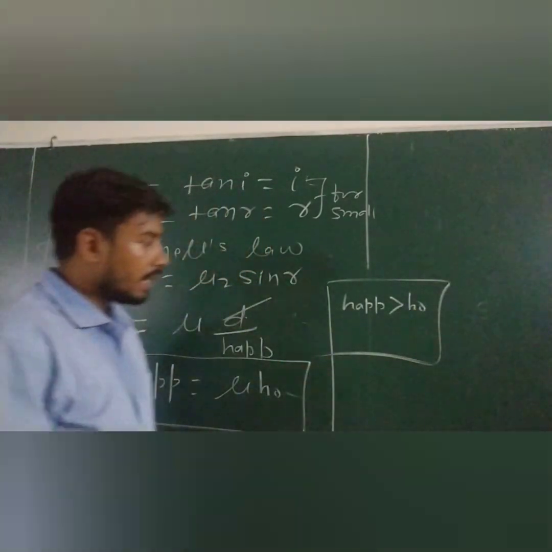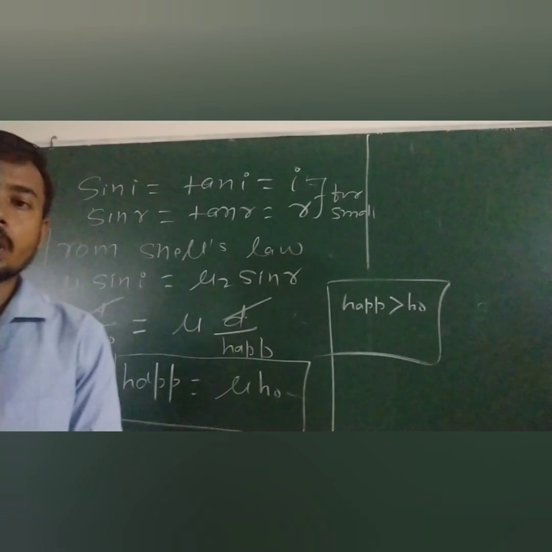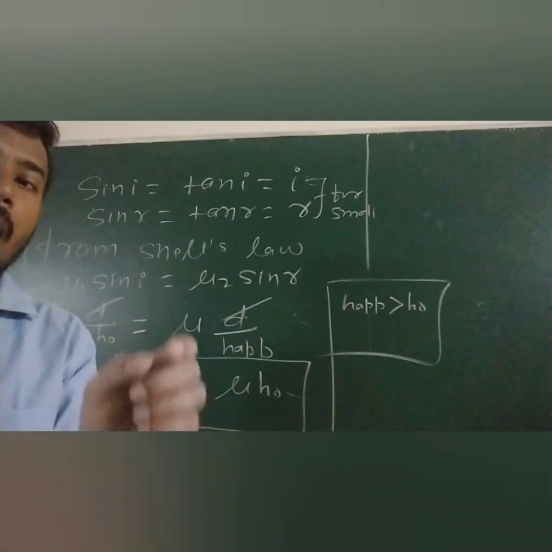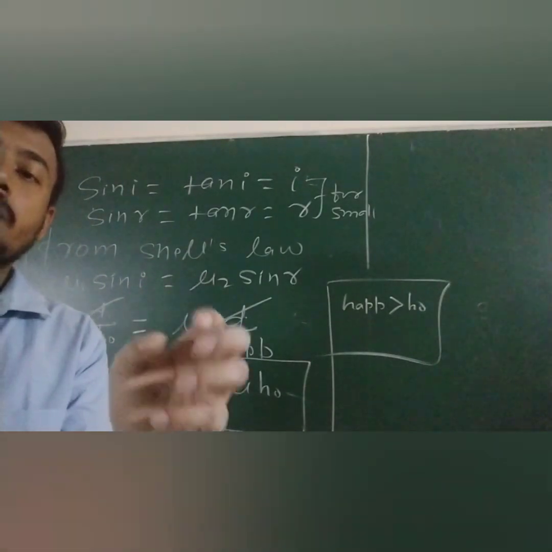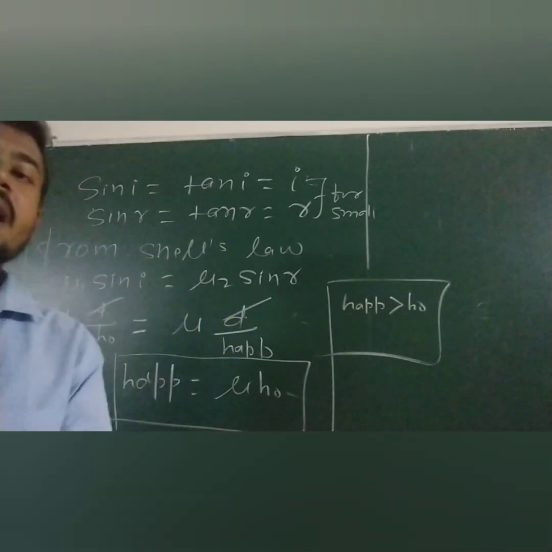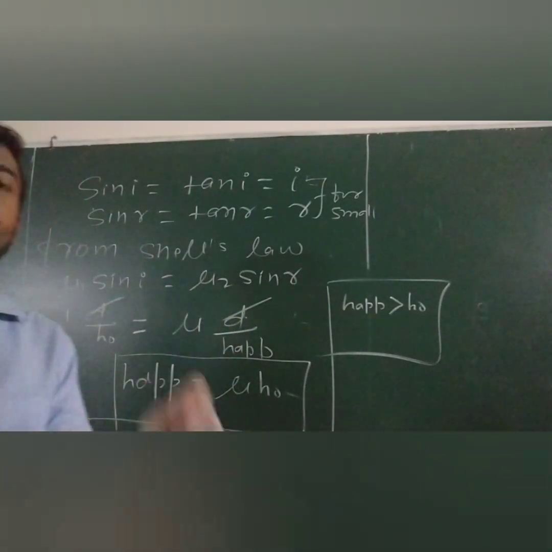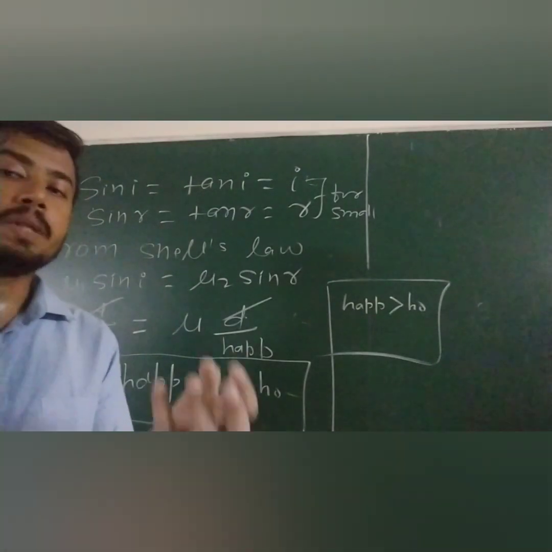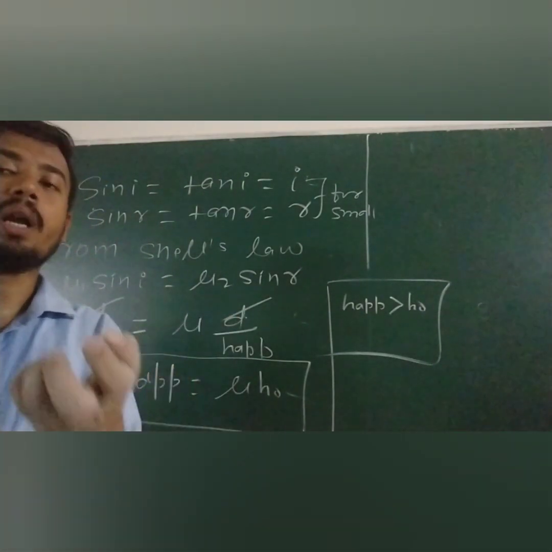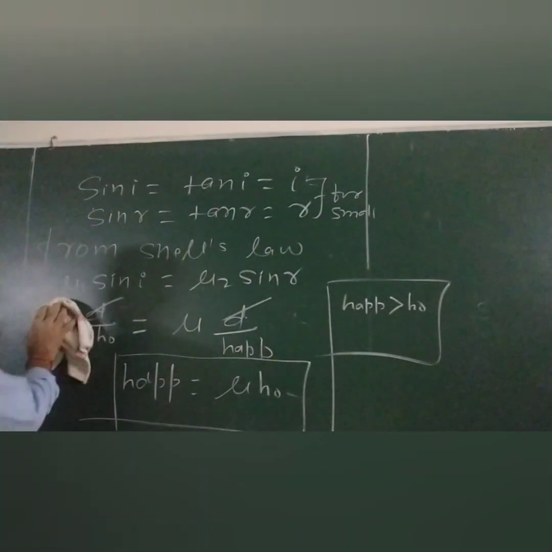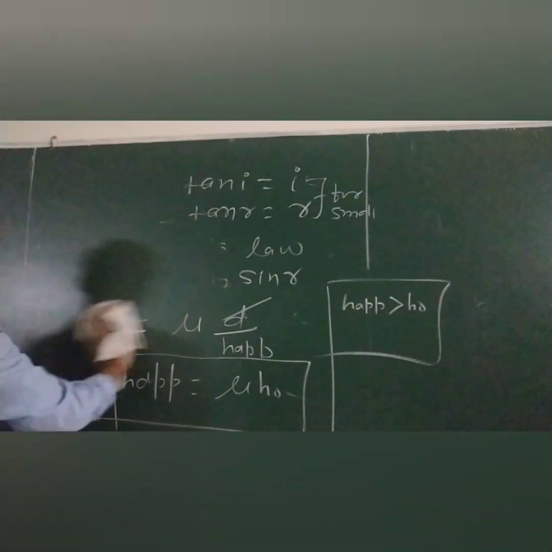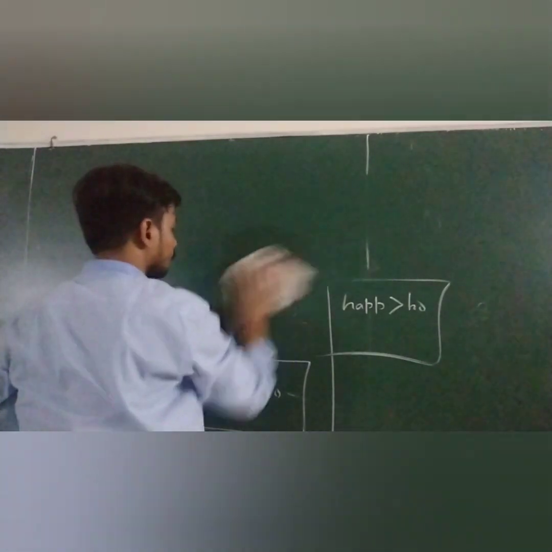So we can write here one note: when the observer is in the denser medium and the object in the rarer medium, then the object appears at more height as compared to real height. You can also write this, my dear students.